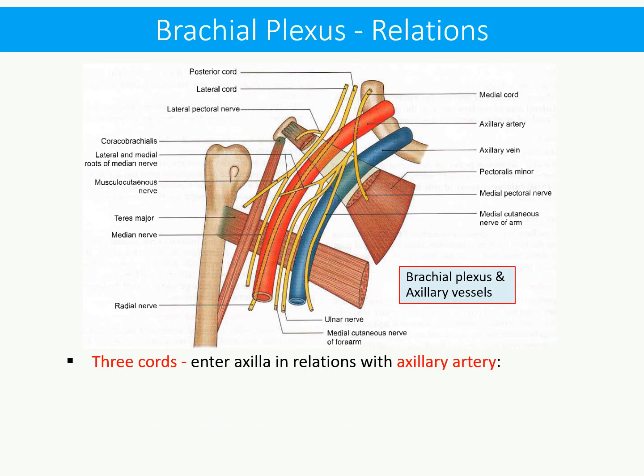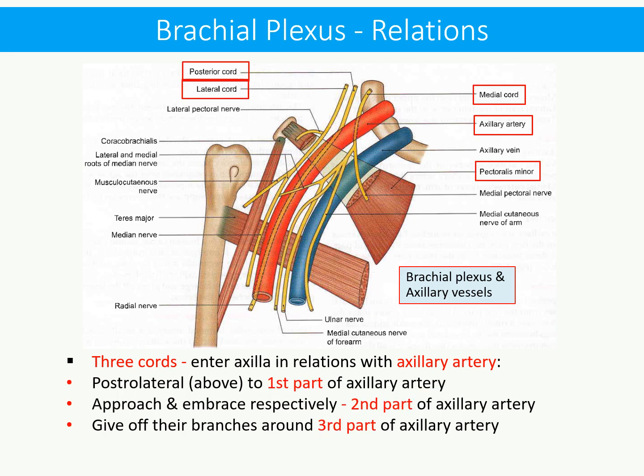Relations of the brachial plexus. Three cords of the plexus enter axilla in relation with the axillary artery. These three cords are present above to the first part of axillary artery. Above means posterolateral relation.